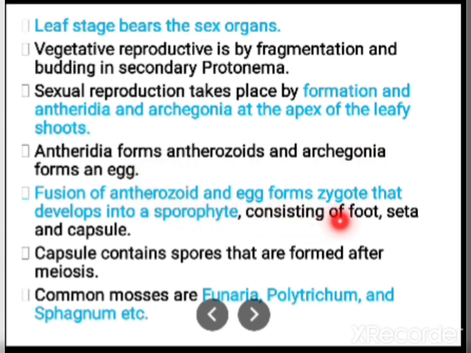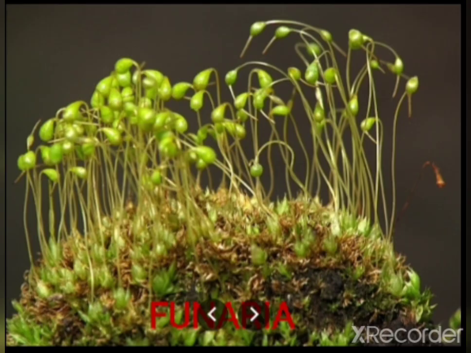The fusion of antherozoid and egg forms the zygote and later it develops into the sporophyte, which consists of foot, seta and capsule. The capsule contains spores that are formed after meiosis. Common examples for mosses are Funaria, Polytrichum, Sphagnum, etc.